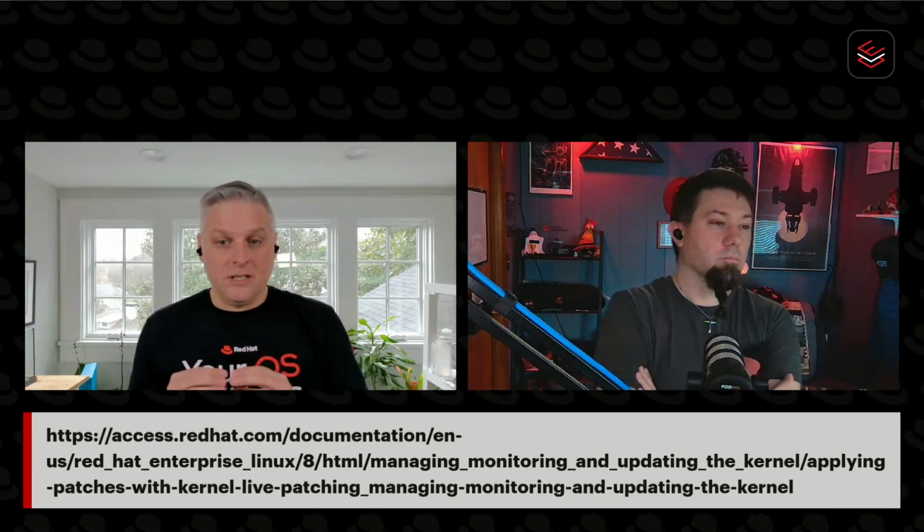There is an excellent document that was written with RHEL 8, because we started shipping K patches as a supported feature in RHEL 8, that shows how KPatch works. Essentially, the KPatch is installed, and then there's a kernel mechanism called ftrace.